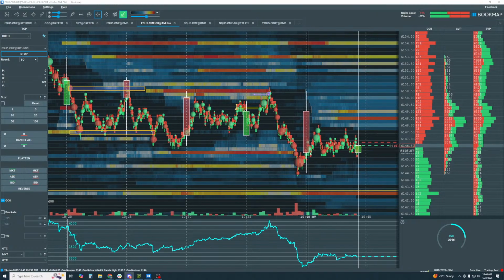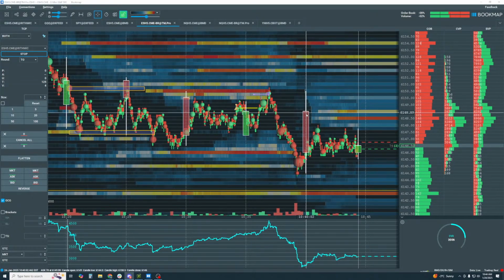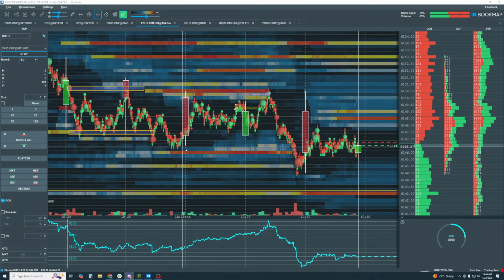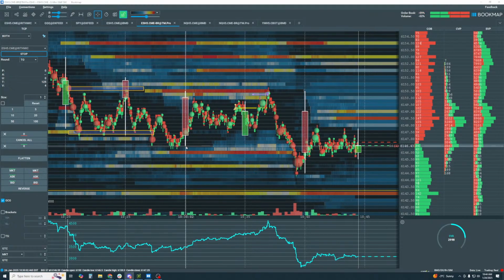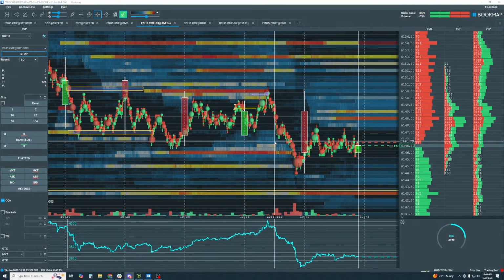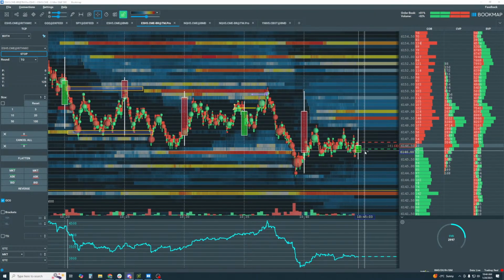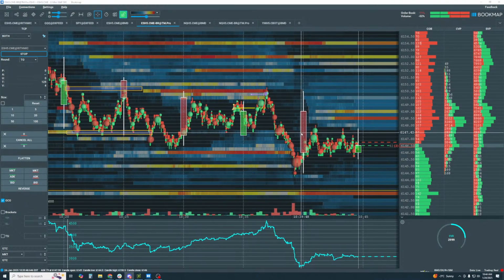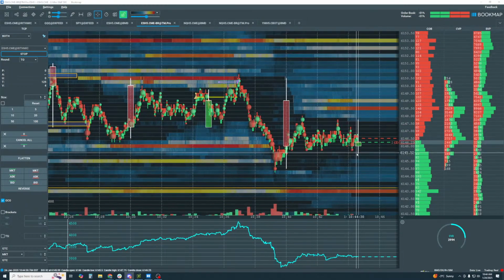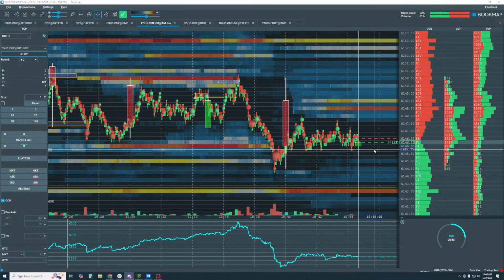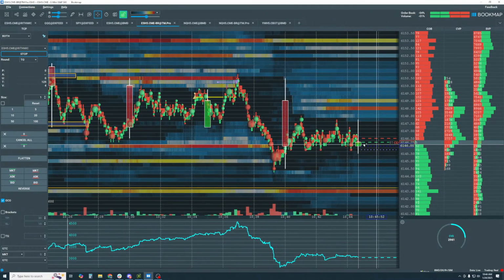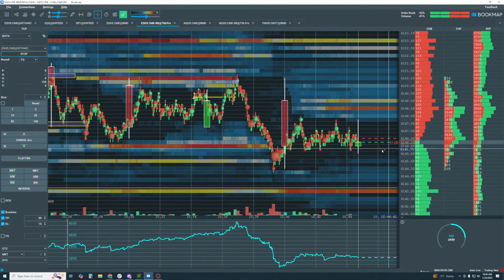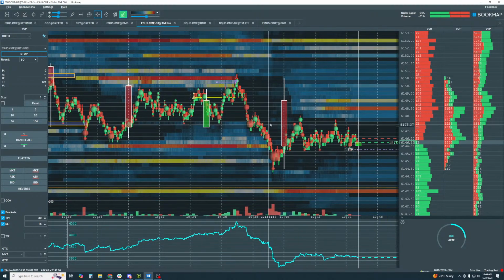All right, let's look for a continuation pattern here. Here's our big close below the range here in the candles. And we see kind of back into the range in here, but this is looking pretty good for another bottom edge in here, and we can set a bracket order here instead.